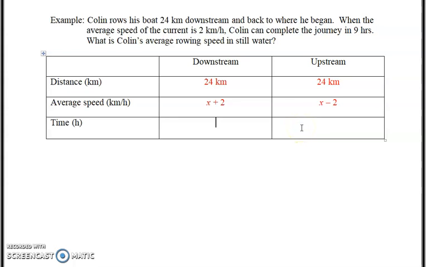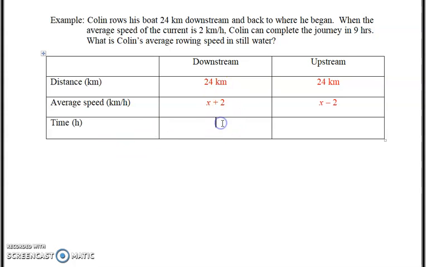Okay, there's average speed and time. You probably do remember when you did physics in science 10, as well as in your physics 11, that velocity, or speed, is equal to distance over time. So time is going to equal your distance divided by your speed.